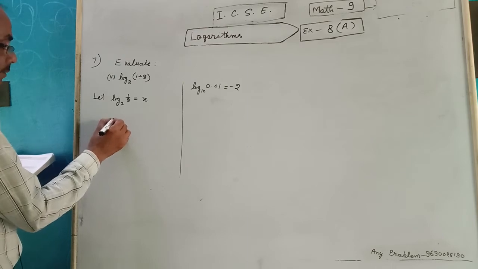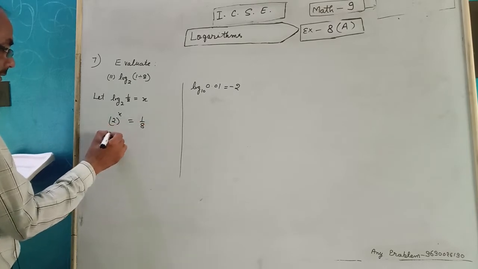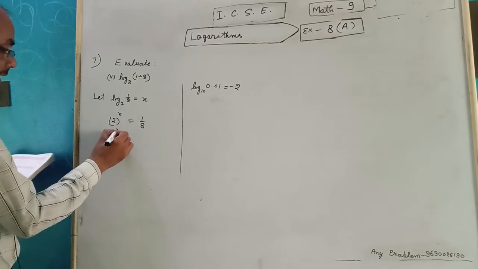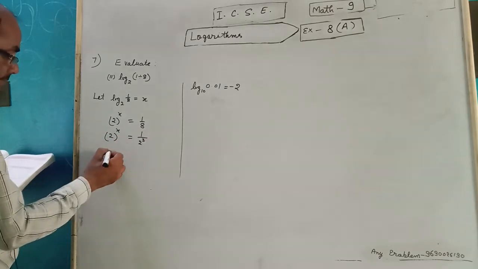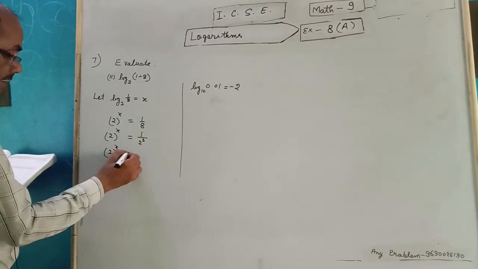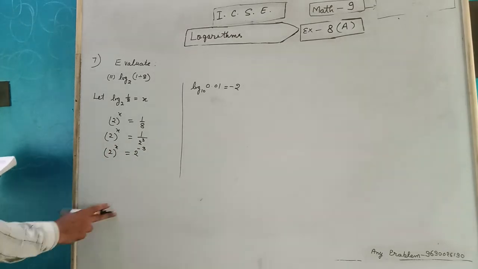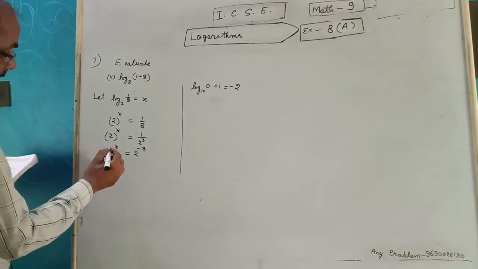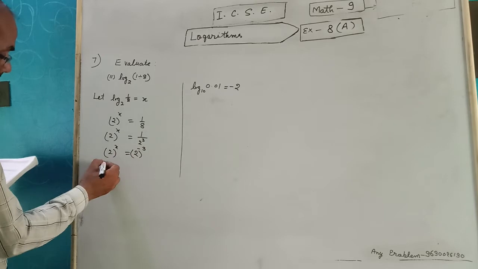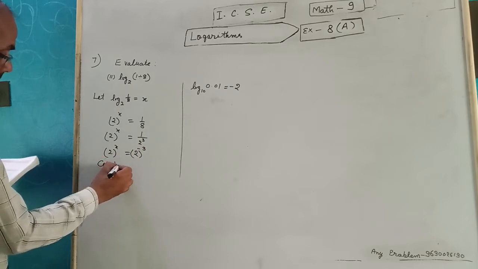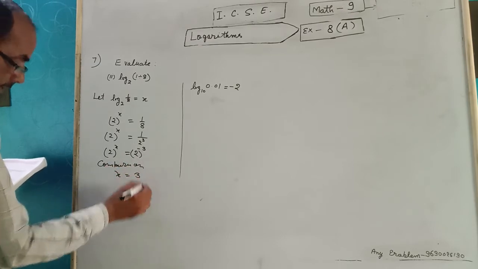Write the exponential form. 2 as power x is equal to 1 upon 8. 8 we write as 2 as power 3. 2 as power x is equal to 2 as power minus 3. Change the sign. Bases are equal, comparing, x is equal to minus 3.